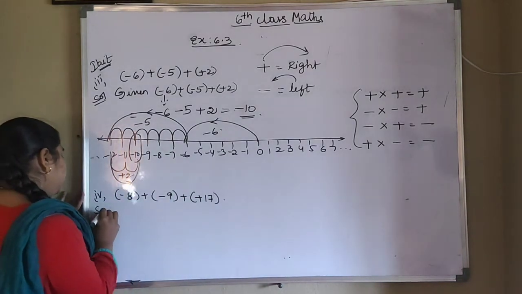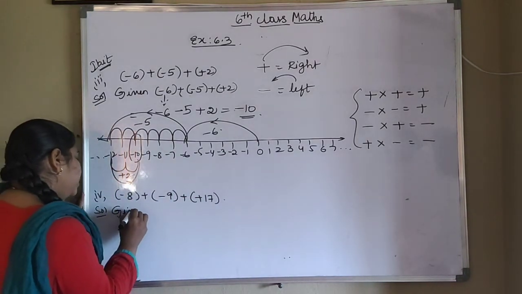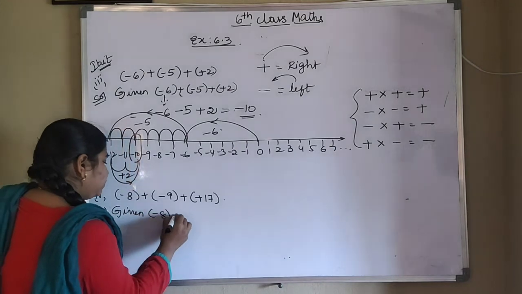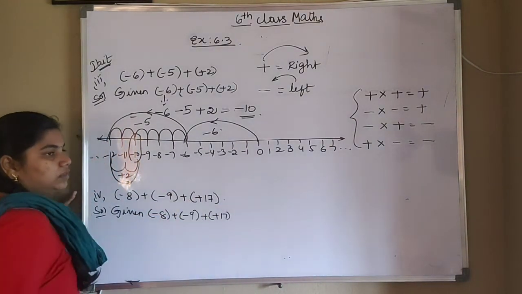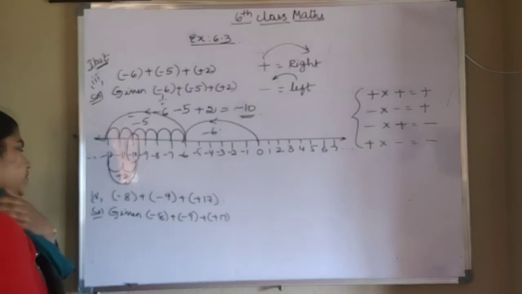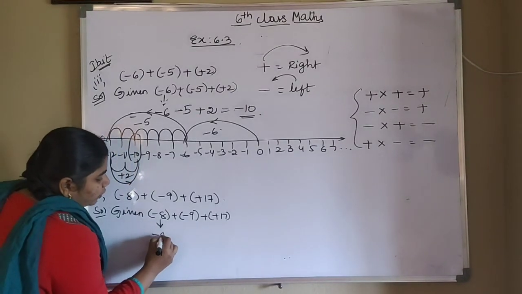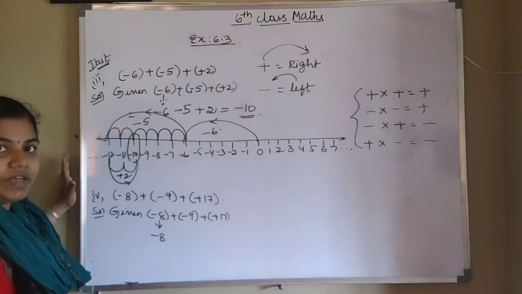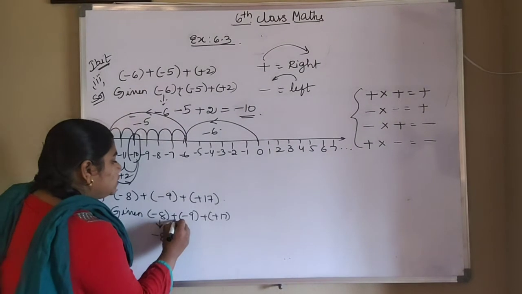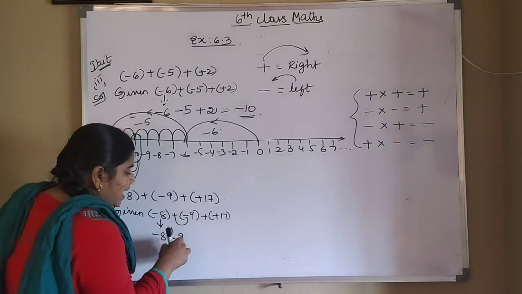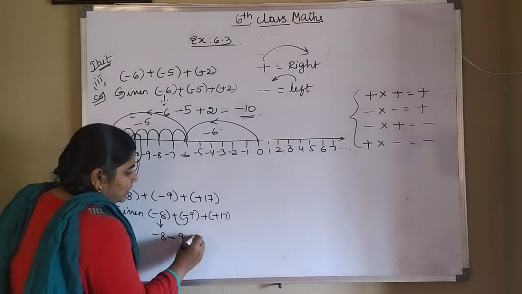Okay, so here the solution, first you write the given numbers. Again the same first step. What is the first step? First number you have to write as it is. Wherever you see the double sign, we have to make it into a single sign. So plus into minus is minus 9 as it is. Plus into plus is plus 17.